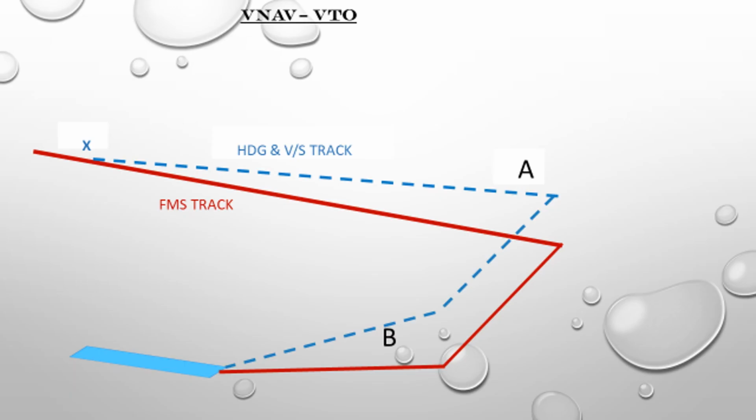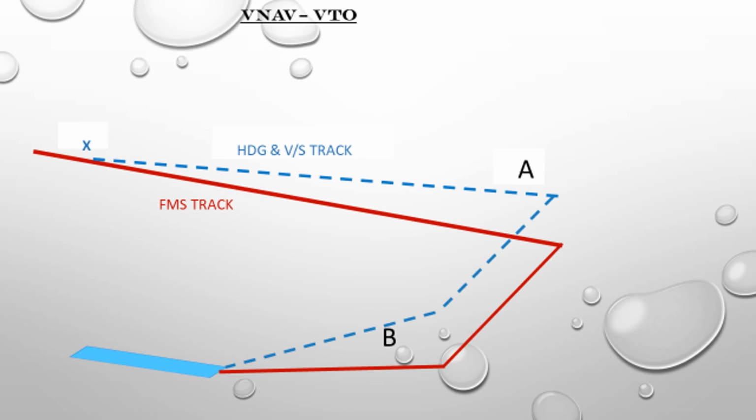In this picture, you see the path of a Q400 which is coming in for a landing. Initially it's following a published profile on a plate, for example an RNAV approach, which is shown by the red FMS track.